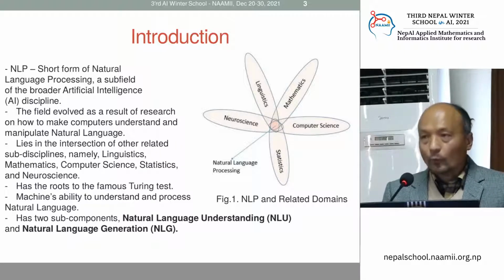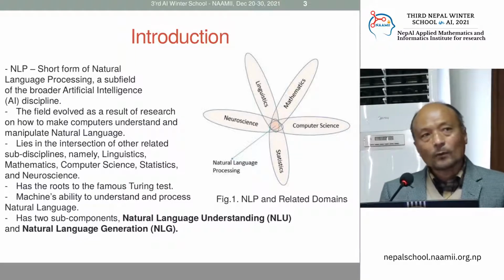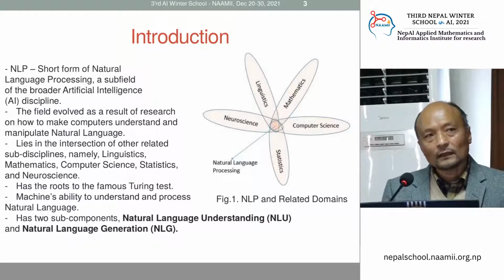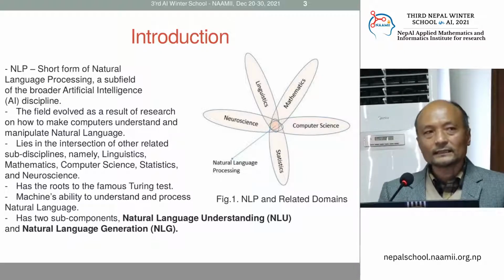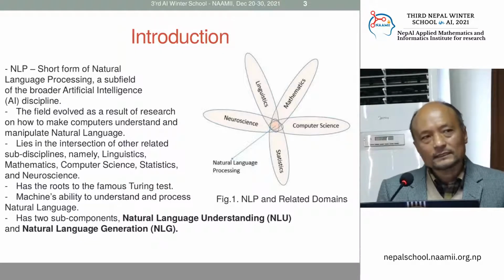So it has broadly two subcomponents. That's natural language understanding. It's about making the machines understand our language, the natural language, and natural language generation. That's NLG, and it's about making the machines generate natural language in the same quality as we humans communicate with each other.